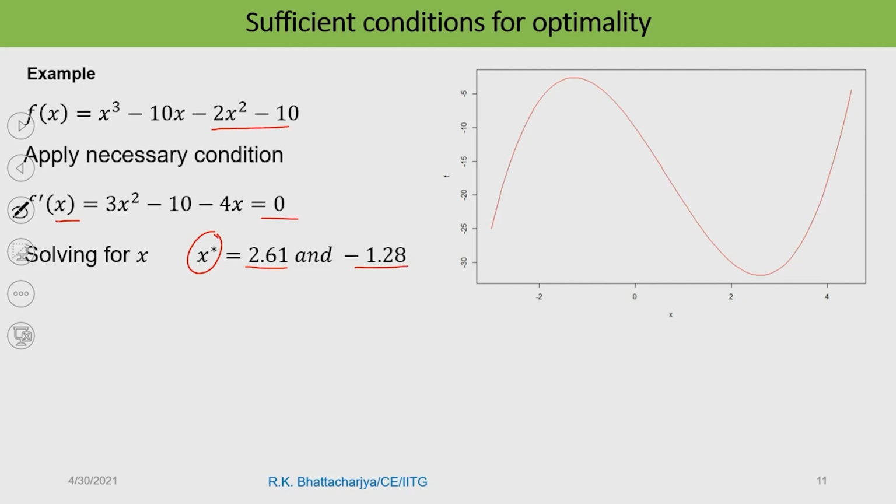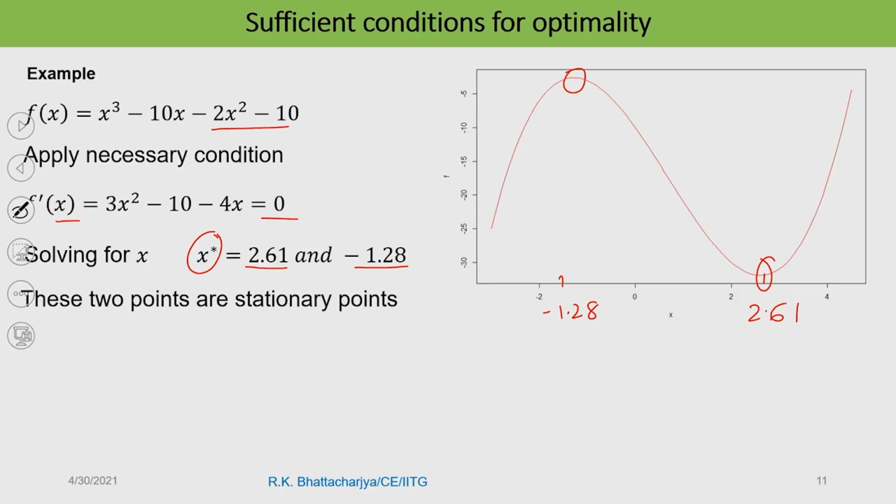So I am getting 2 points, one at minus 1.28 and another at 2.61. Looking at this curve, I can say that this point is a maximum and this point is a minimum, but let me apply the sufficient condition here.